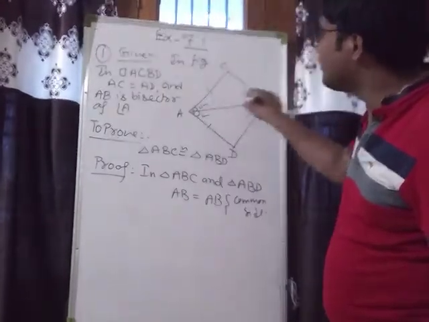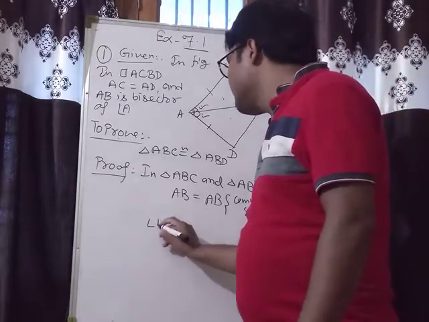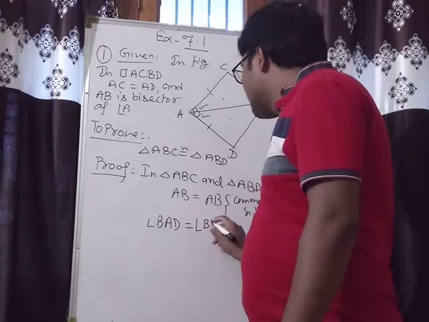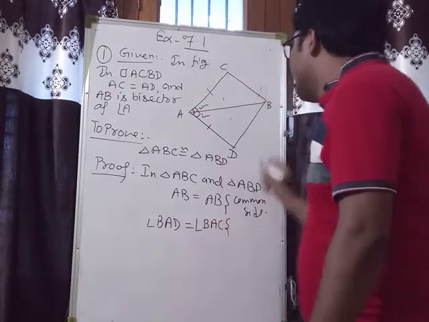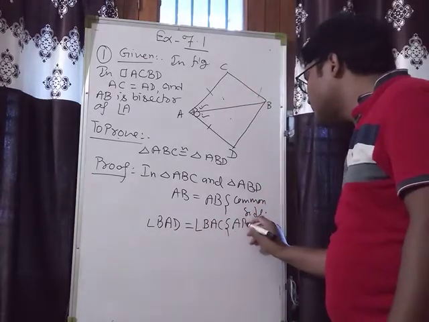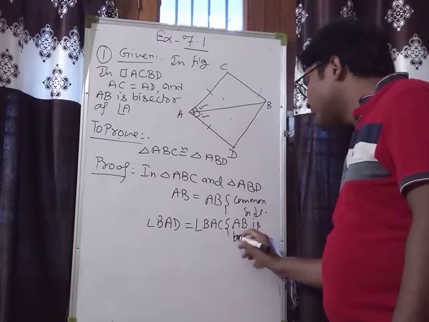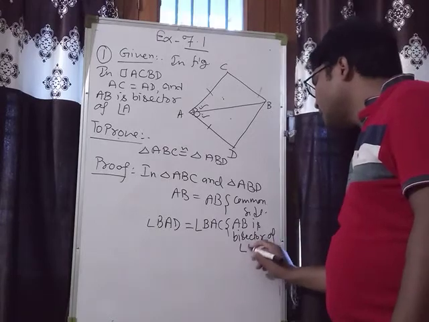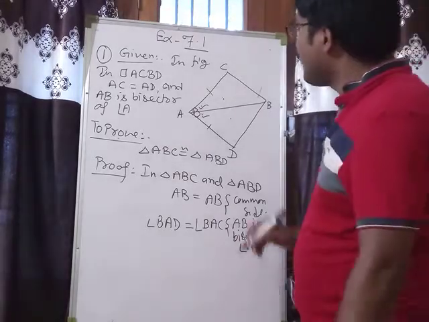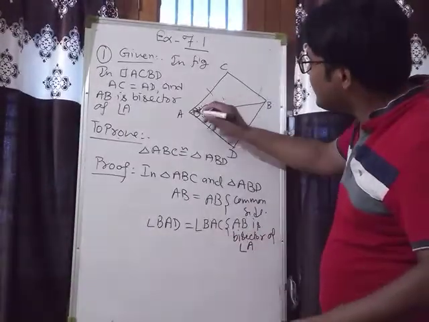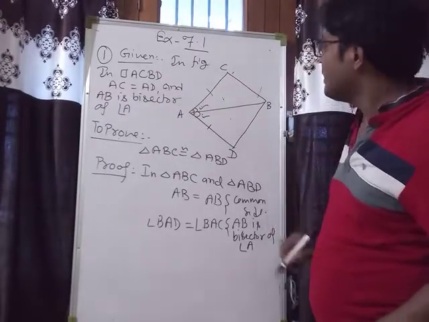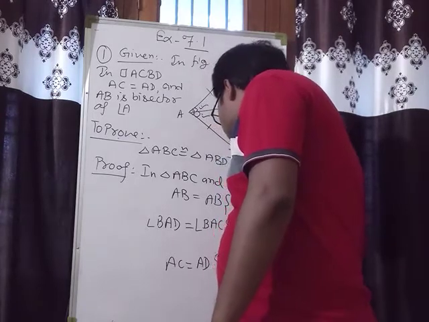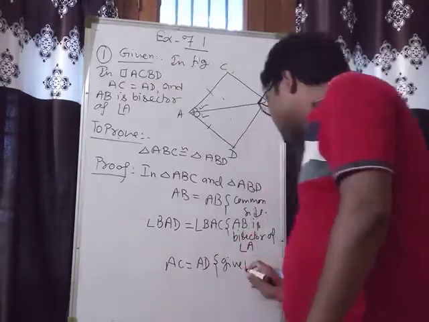Angle BAD is equal to angle BAC, because AB is bisector of angle A. And in the question it is given that AC is equal to AD.